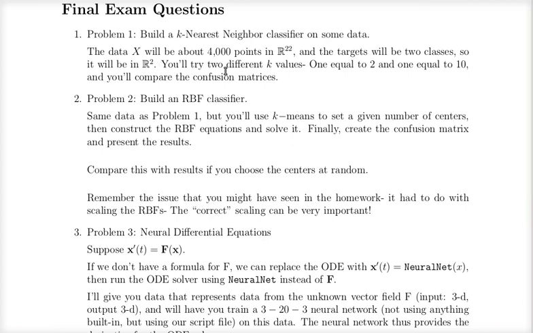Then you'll try two different k values, one equal to 2 and one equal to 10, and compare the confusion matrices. So in your script file, you'll want to load the data, perform the k-nearest neighbor classifier using either 2 or 10 neighbors, and then be sure to build the confusion matrices and display the results.